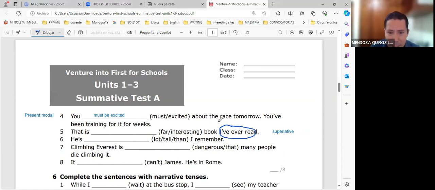The present perfect is used with the superlative. For example, you say, this is the best movie I have ever seen. Paris is the greatest city I have ever been to. The most interesting book I have ever read.